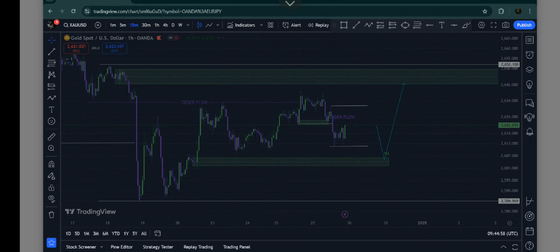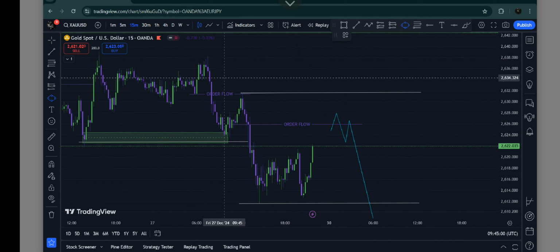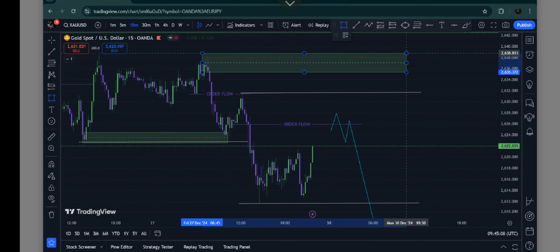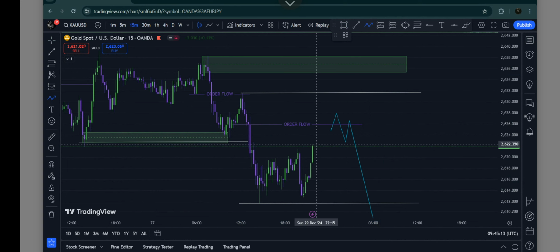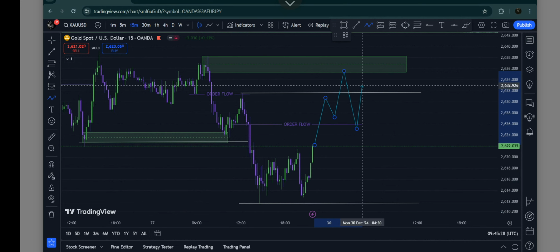Or if we look by the swing high, we have the extreme supply area up here, right? So if I were to mark it out, we have this extreme supply area. So if we get a different confirmation where price pushes higher, right? If I were to just delete this, if price pushes higher, and then we tap into this demand but immediately push back within this range, we can actually catch a tiny sell trade towards this swing low, right?